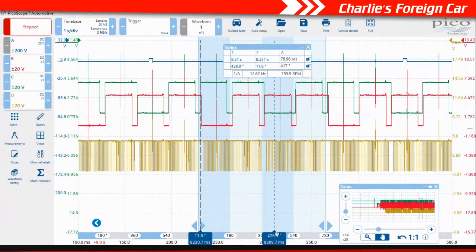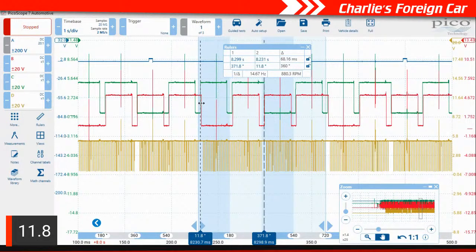They're actually lining up with each other right there at 11.8 degrees, right? One's going down, one's going up at 11.8. Yes. The green one's going up, and then the red one's going down. Okay. So there's a difference in those two, right? They're not actually on top of each other. No, they're not.